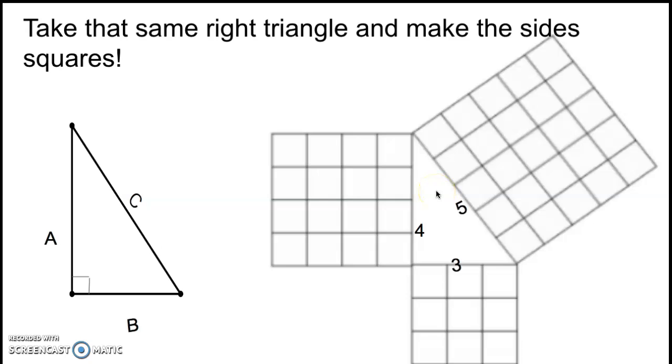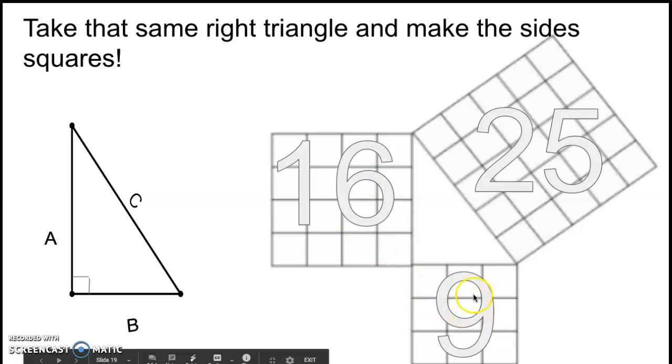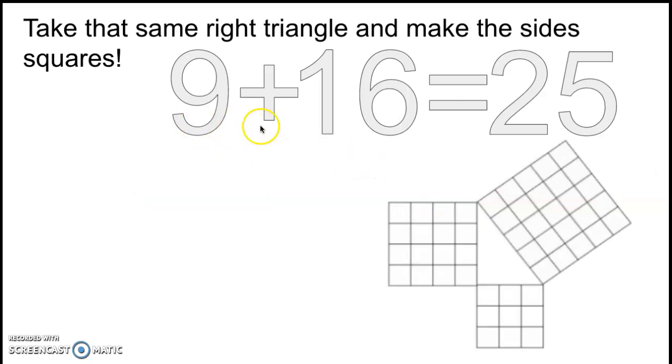We notice something really cool when we do this. If you count up each of these squares, we have 9 squares here, we have 16 squares here, and we have 25 squares here, and you might already be thinking what's going on here. Yes, if you add them together, this square 9, this square 16, it equals this square 25.